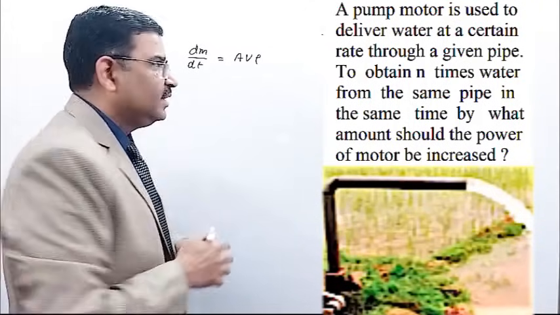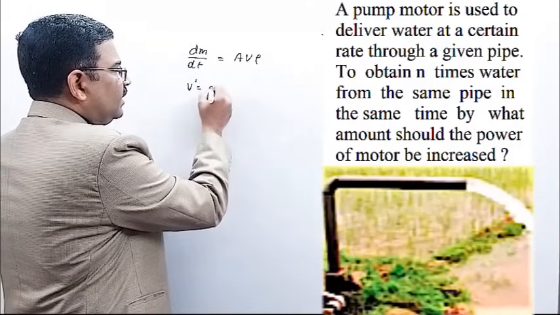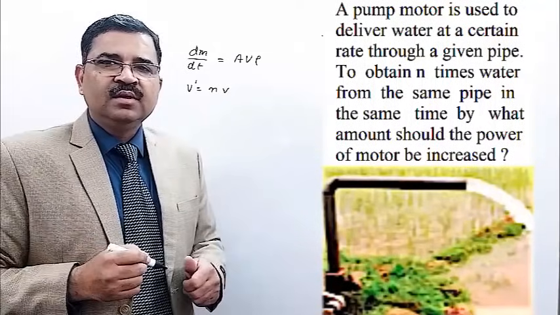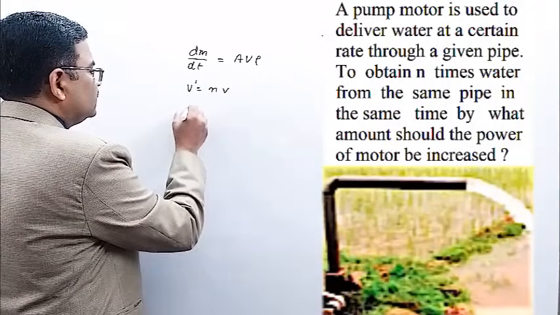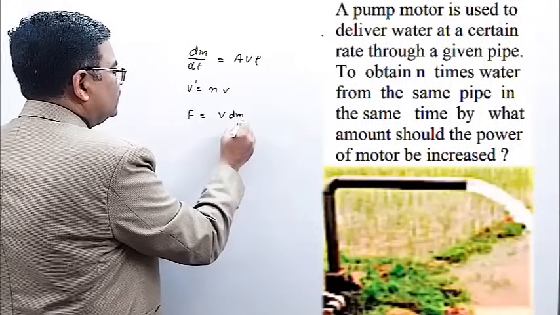So I can say that if v dash is the final velocity, then it should be n times the initial velocity. Now let us consider the force. The force is given by v into dm by dt.